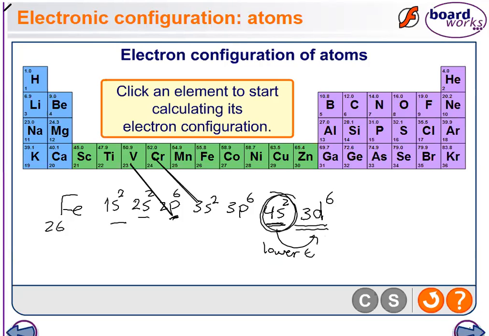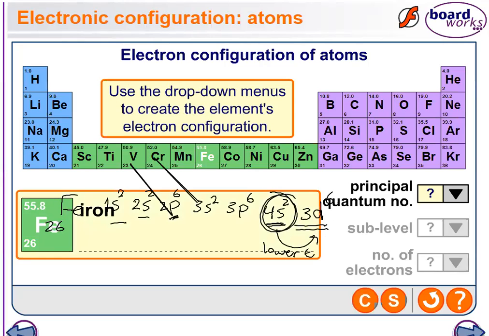Okay, so let's check if our answer is true. Here, that's Fe. Let's find how the Fe looks here. The principal quantum number, how many principal energy levels do we have? We have principal energy levels 1, 2, 3, and 4. So we got 4 here. Then how many sub energy levels do we have?